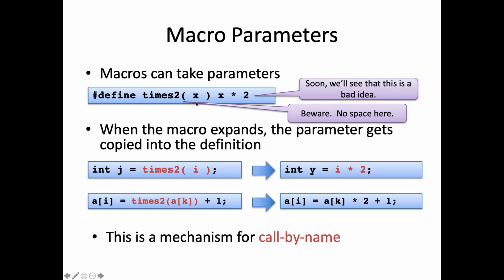If I had a space right here, it would think the name of the macro is times2. It doesn't take any parameters, and (x), blah, blah, blah, is just its definition. So to make the preprocessor see this as a parameter, you've got to put the parentheses right after the macro name.